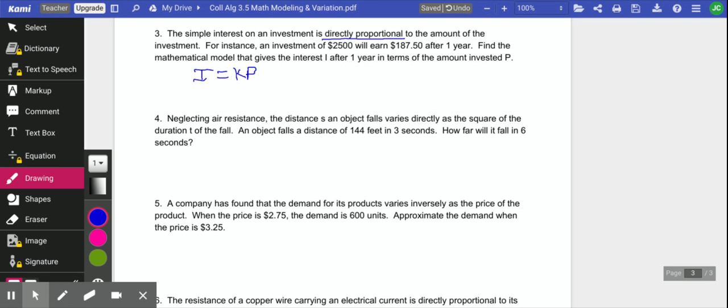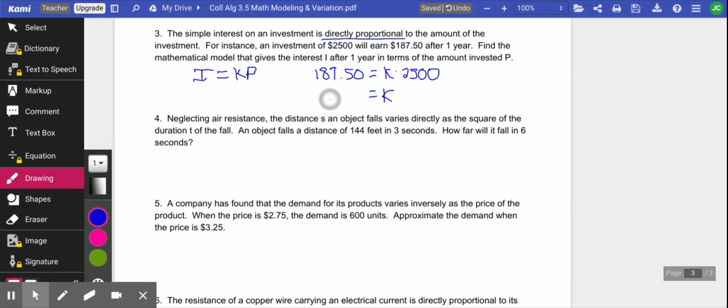So, for instance, an investment of $2,500 will earn $187.50 after 1 year. So we're going to plug that in. So $187.50 is my interest. I don't know what k is, but I know that my principal, the amount that I invested, was $2,500. And now I can solve that for k. I'm just going to divide both sides by 2,500.